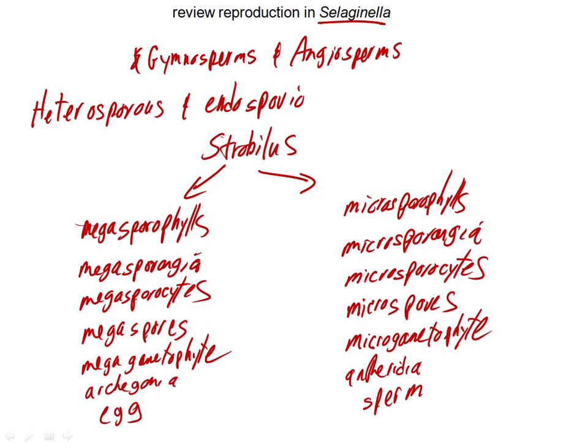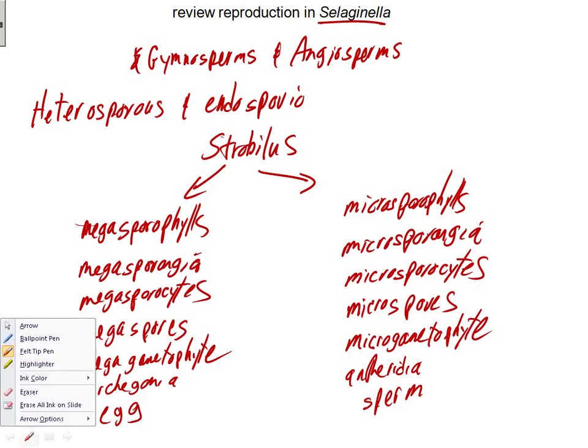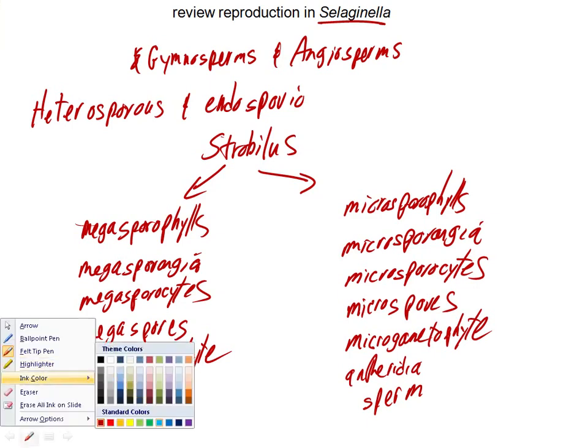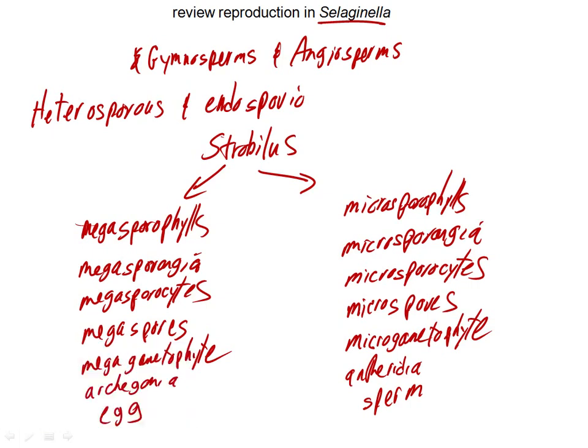Now, there is one kind of difference between what's going on here in the gymnosperms and the angiosperms and in some Selaginella, but this, what I'm going to say, is also true of some Selaginella, and that is that on the female side, the megasporocytes, the megaspores, all of that, and let's just make that megaspores to make it really clear, remain enclosed in the megasporangia.